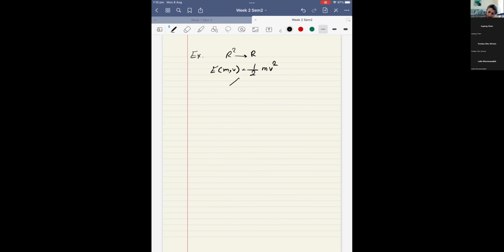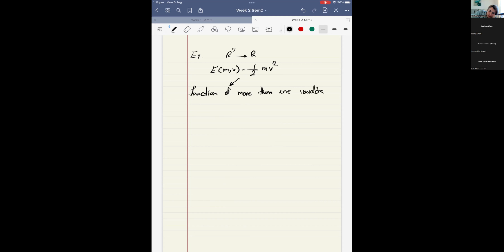It means that a function of more than one variable.